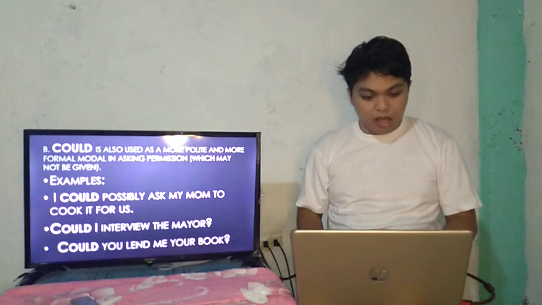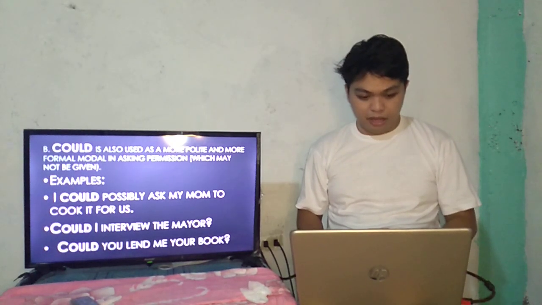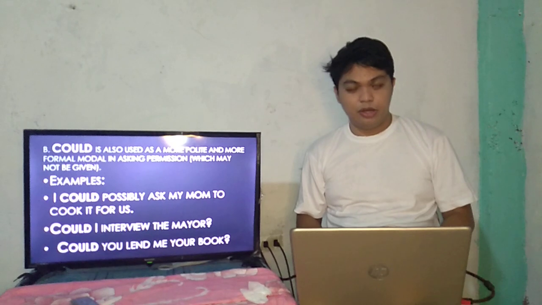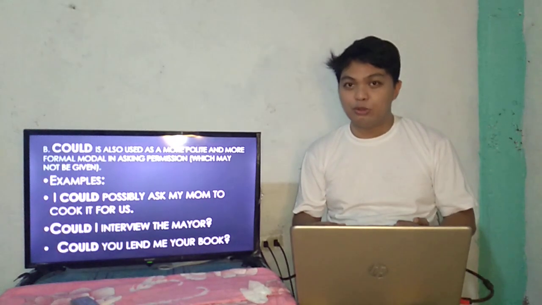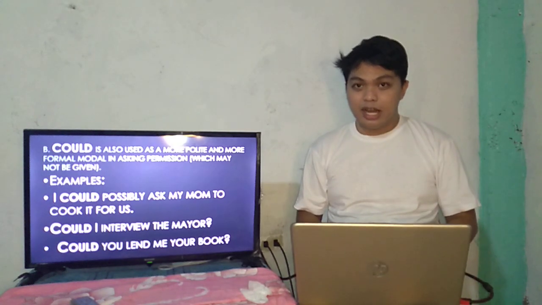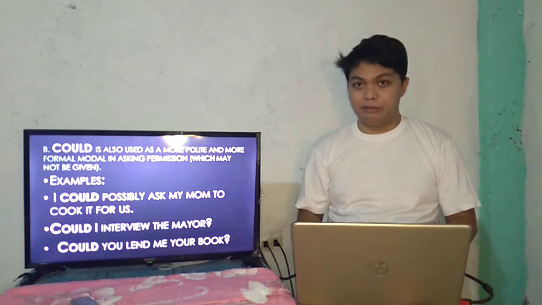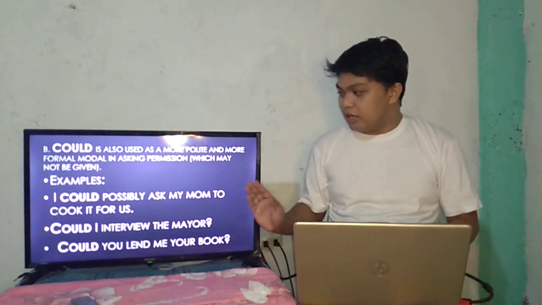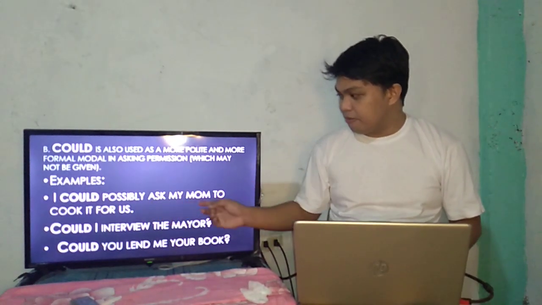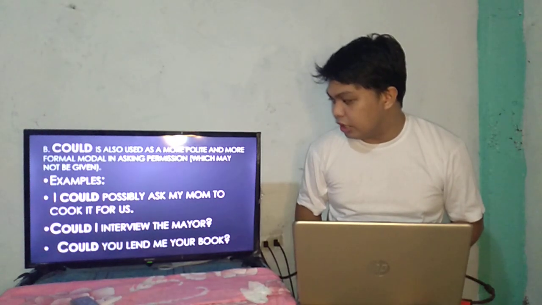For example, I could possibly ask my mom to cook it for us. So, ginagamit natin yung could kung hindi tayo sigurado kung oo ang sagot ng hihingan mo ng permission. For example, dito sa first example is, I could possibly ask my mom to cook it for us.